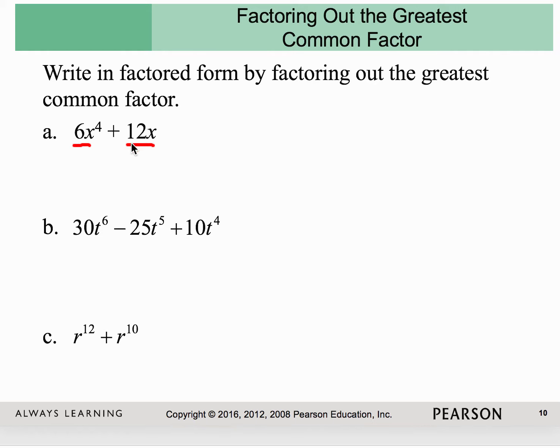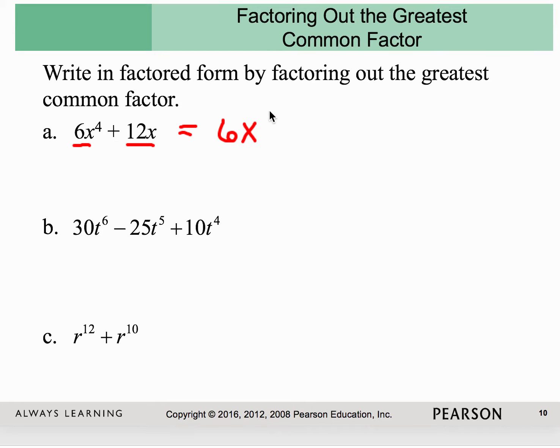So 6 and 12, what's the biggest number that divides into 6 and also 12? Yes, a 6. Okay, they both have an x. I just have to figure out how many I can take out. It's always the smallest exponent. So just one. Now, if the question said, find the greatest common factor between these two terms, that's it. But this says write it in factored form. So I've got to rewrite this so it equals the same thing, it's just in a different form.